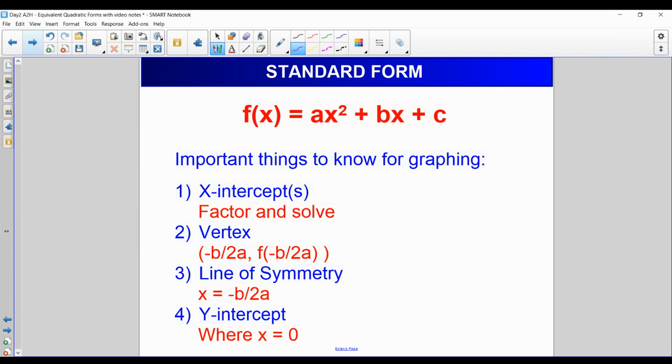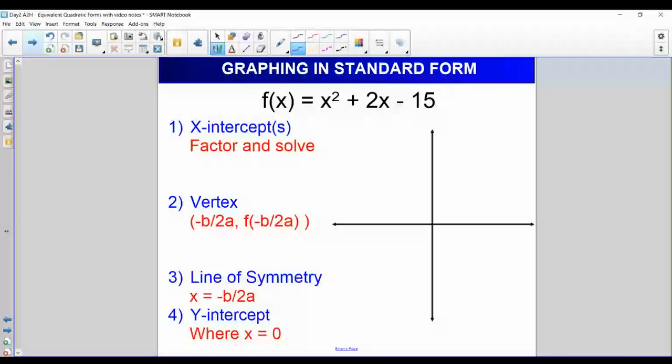I could find the vertex from negative b over 2a and then plug that back in, which also gives me the line of symmetry. And then we remember the y-intercept comes when x equals 0. So if I were doing this, let's just kind of look at it the other way. If I wanted to start from the vertex and skip over this step for a second.